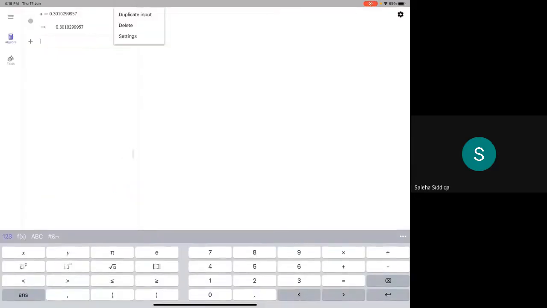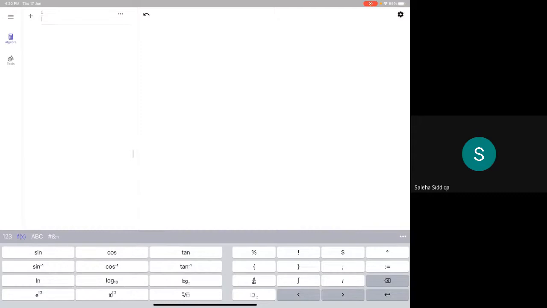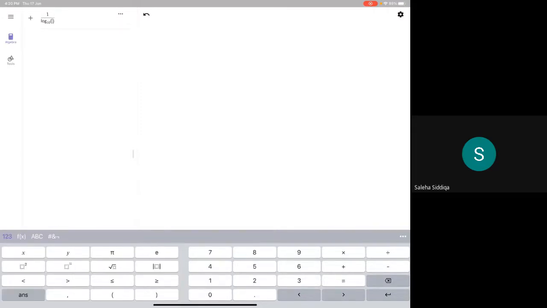Let us see what that value is. 1 divided by log 10 of e, right? Correct? So what number is it? 2.303 approximately. 2.303, remember? Here, see, 2.303.